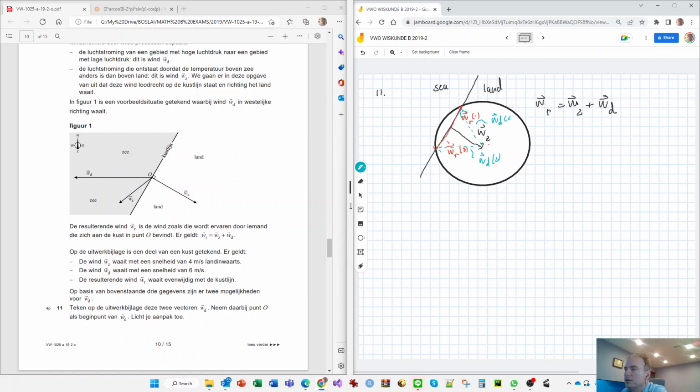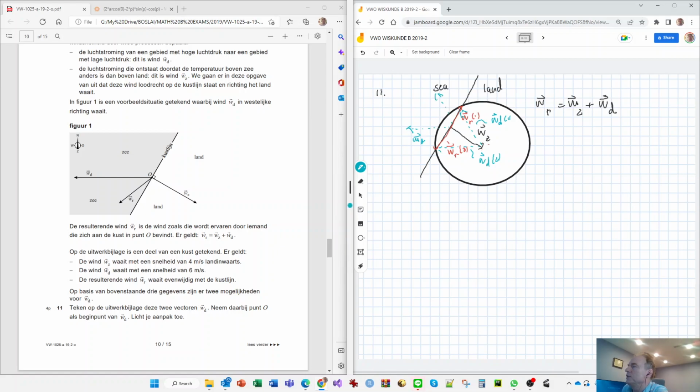Oh, now I didn't use the origin as the begin point of this vector. I just put it on the head of WZ. So, well, we then need to translate it. So something like this would be WD, but also parallel.